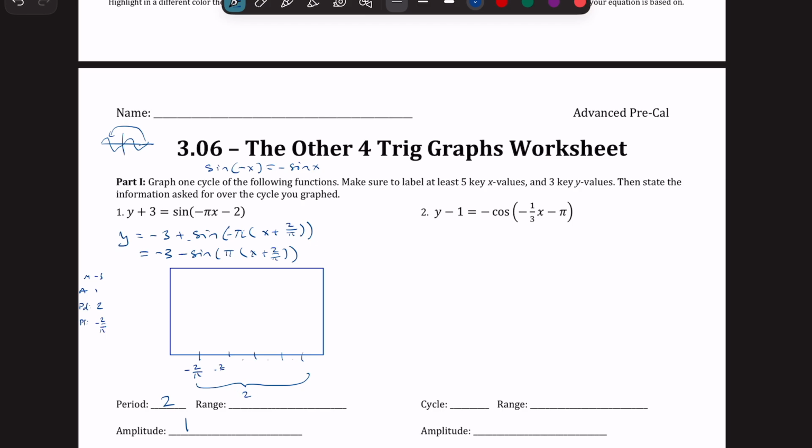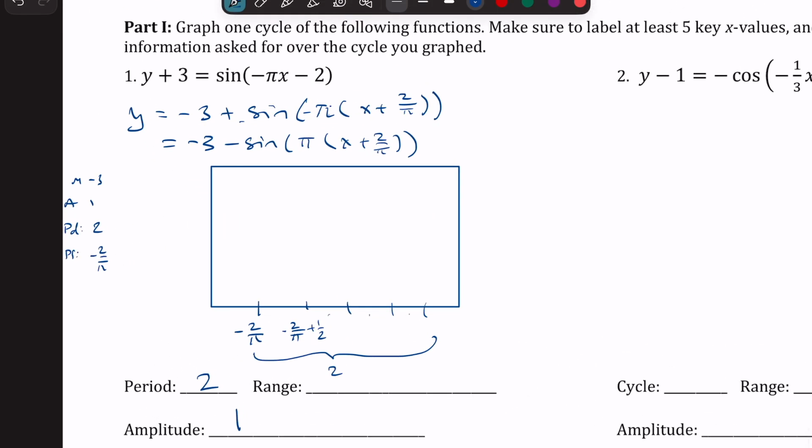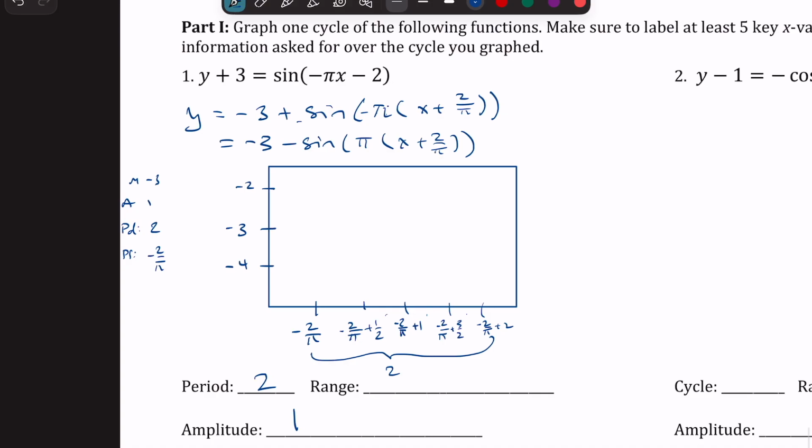So I'll do -2 over pi plus a half, then -2 over pi plus 1, -2 over pi plus 3/2, and then -2 over pi plus 2. And then I've got my midline. I know my midline is at -3 with an amplitude of 1, so I'll go up to -2 and -4.